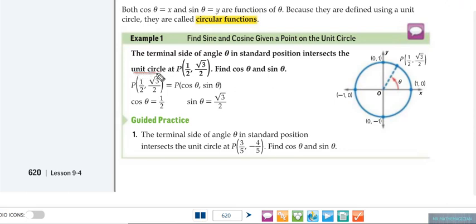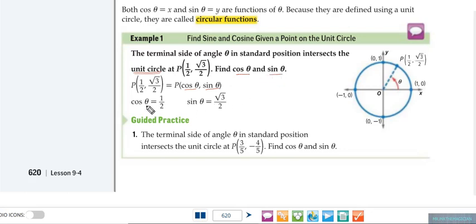If these words appear, the first one, which is the x coordinate, will be the cosine. The second one, which is the y coordinate, will be the sine. So, the point P is half and root 3 over 2. Find cosine and sine. Very easy.